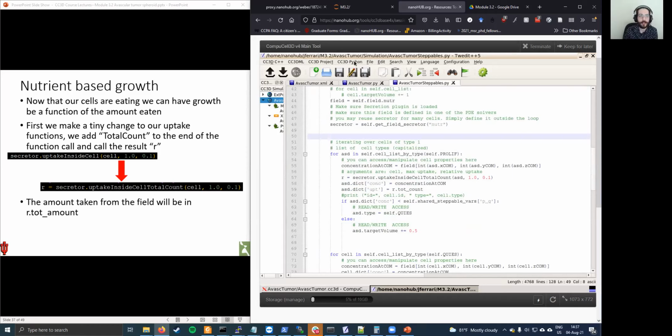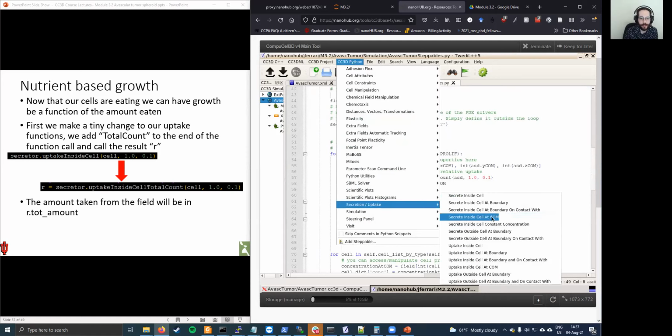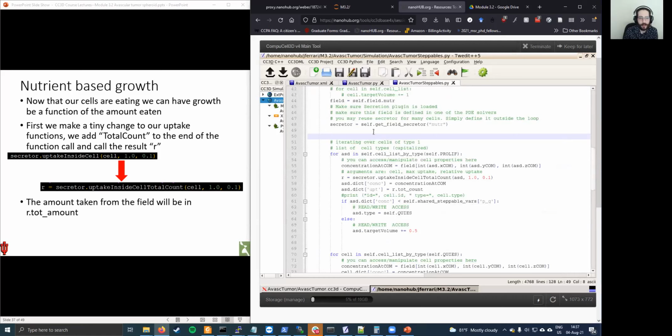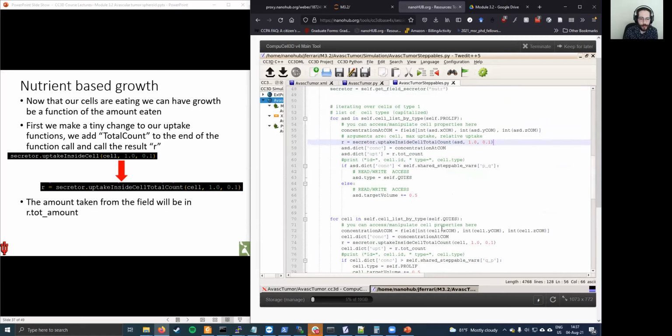So I asked to edit how to do the uptake. Then I told that I'm looking for the secretor object for the nutrient field. And in my proliferating and quiescence loops, I have here the result of the secretion saved to R, and the secretion is being done inside of the whole cell with a maximum of 1 and a relative uptake of 0.1.